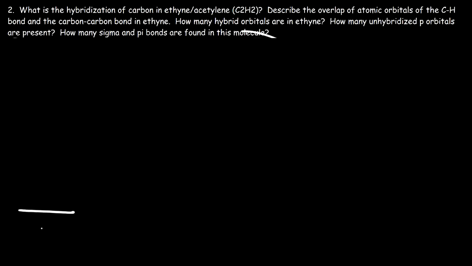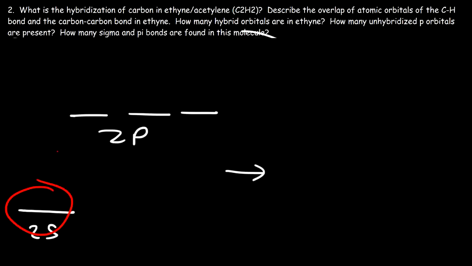So let's draw the energy diagram for carbon. So during hybridization, we're going to mix these two together. And so it's going to be 50% s and 50% p. And so we're going to have two hybrid sp orbitals that's exactly between s and p.